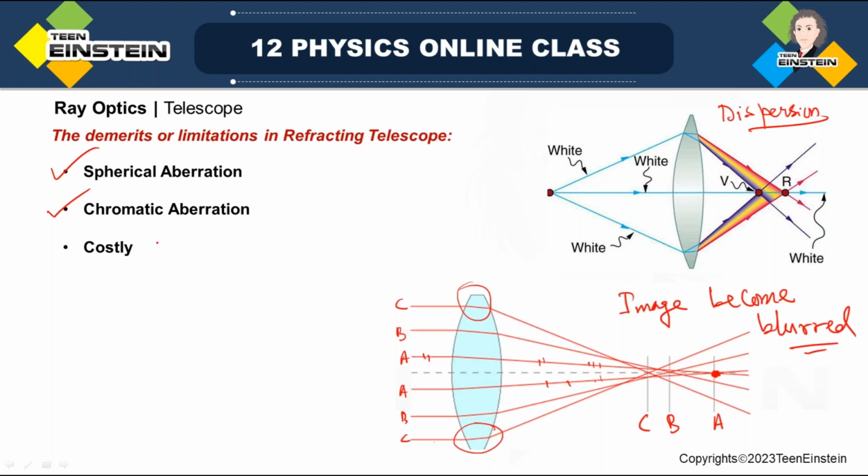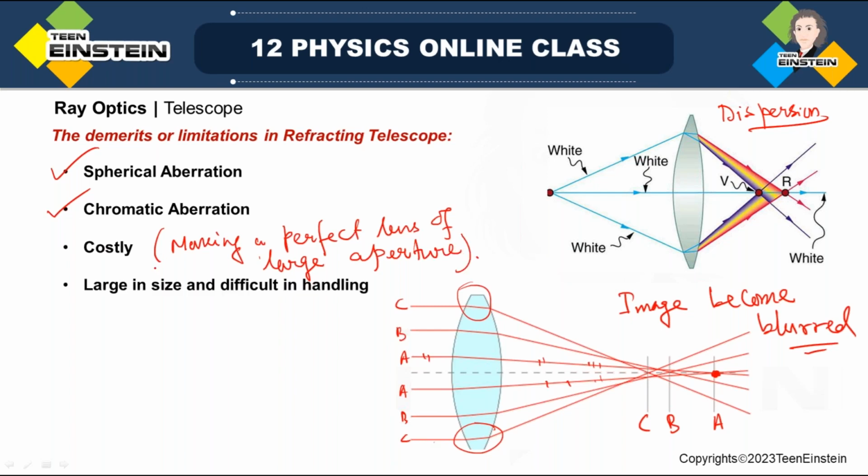So making a perfect lens of large aperture is really costly and also difficult. Not only costly, it is difficult also.